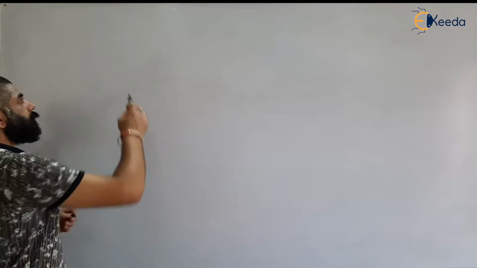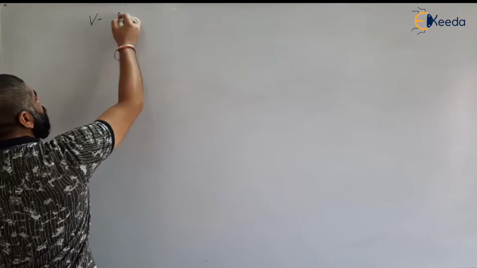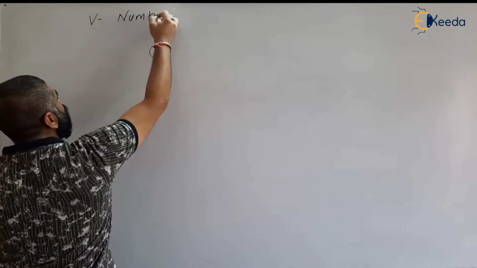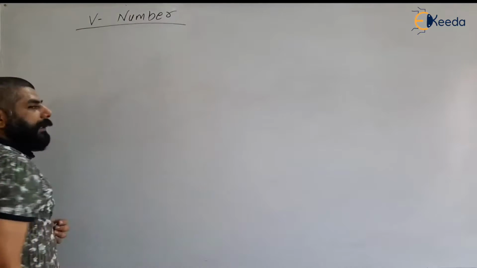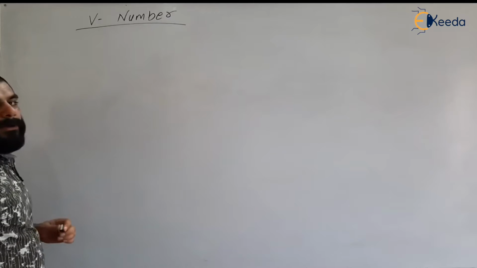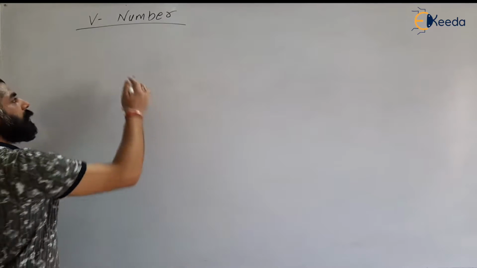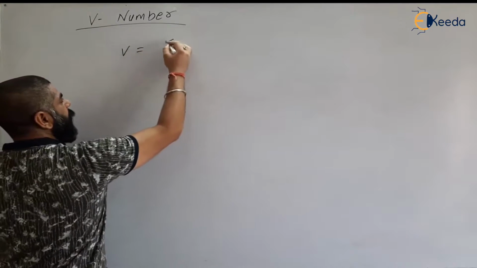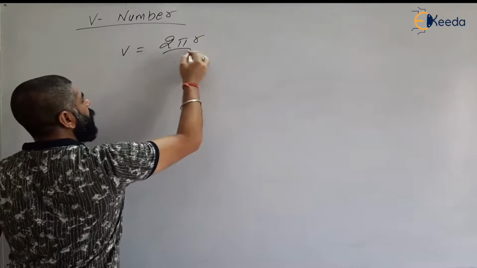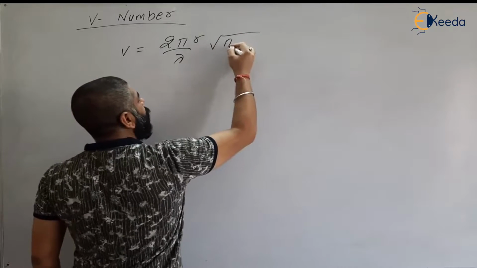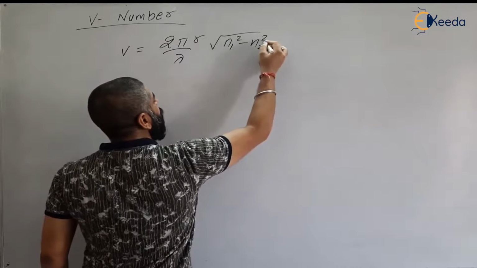See, V number we are discussing about. V number is a dimensionless quantity and it gives information about modes of optical fiber, single mode or multi-mode. V number is represented by 2 pi r by lambda under root of n1 square minus n2 square.